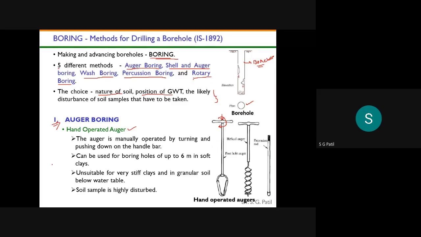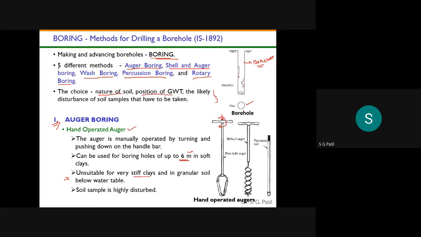It can be used for boring holes up to 6 meters in soft clay. It is not suitable for very stiff clay, because stiff clay will offer a lot of resistance to the penetration or rotation of these auger borings.